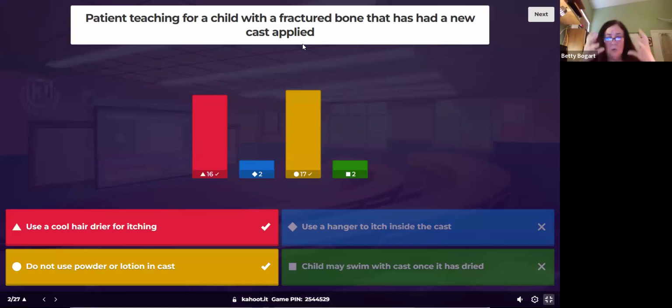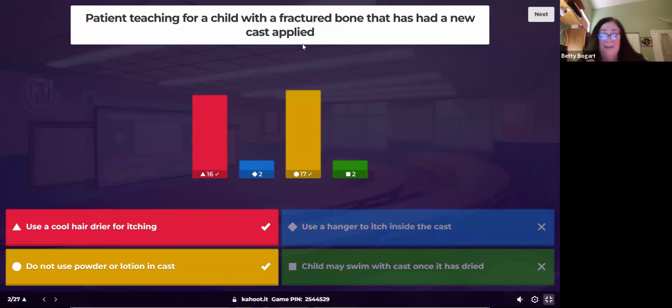And you don't realize this: when you put a cast on, it turns warm. And you've got a fracture which doesn't like warm. So that cool hair dryer, and of course ice on top of the cast, yes, does really help. All right. Never powder, never a lotion, never a hanger, and never swimming.